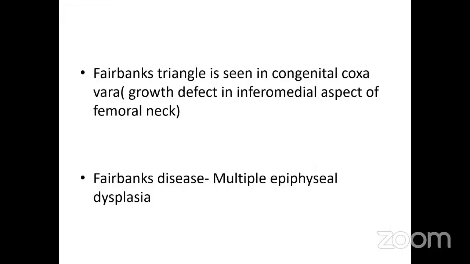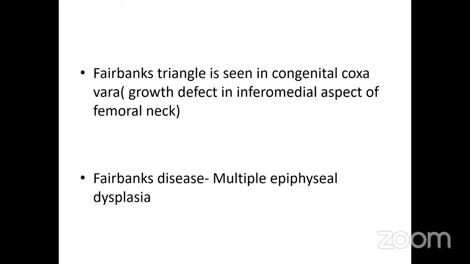Another one is the Fairbank triangle in congenital coxa vara. That means there will be a growth defect in the inferomedial aspect of the femoral neck. I already told about the direction of growth of the physis. When there is a defect in the inferomedial aspect of the femoral neck, the superolateral part will overgrow more medially, resulting in coxa vara.